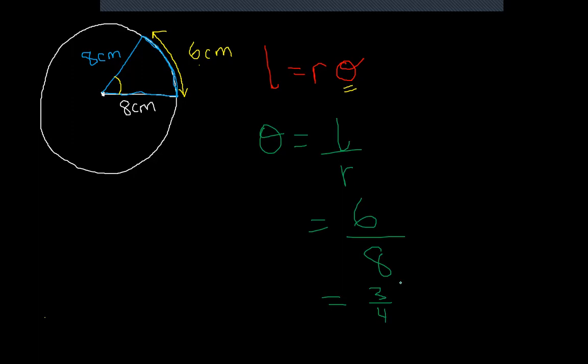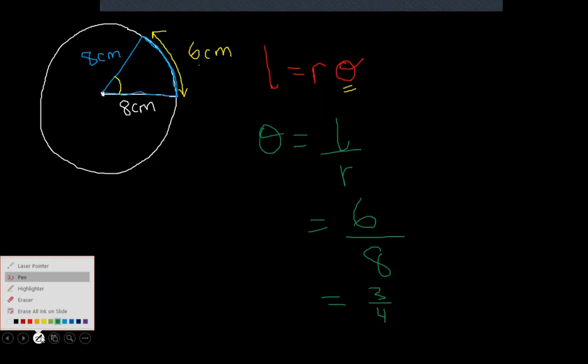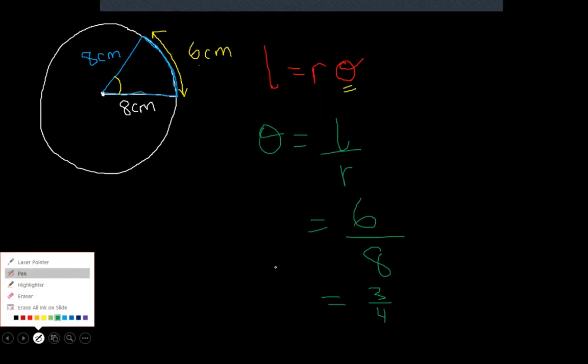But is this in degrees or radians? Degrees? Okay, I have one put for degrees. Anybody else? Degrees or radians? Degrees. One more person. 0.75.